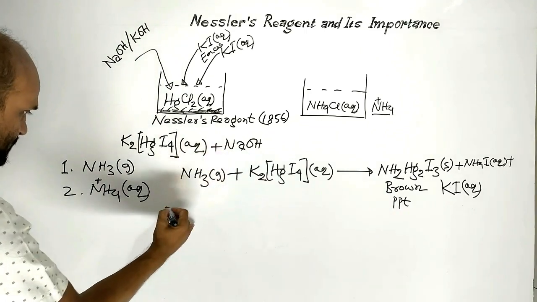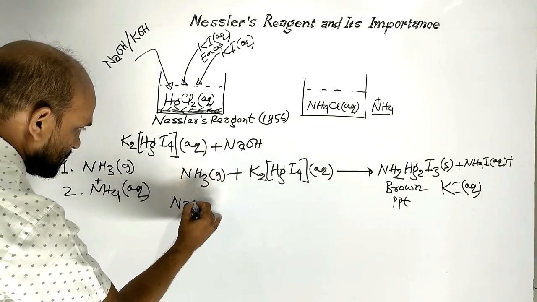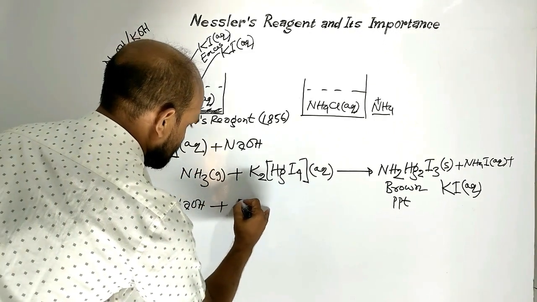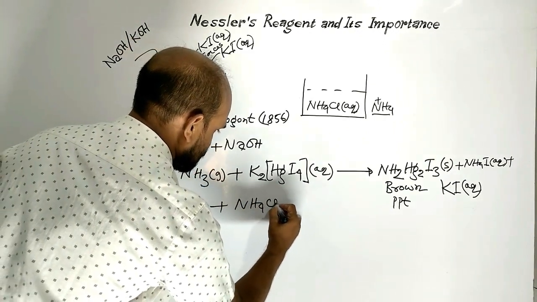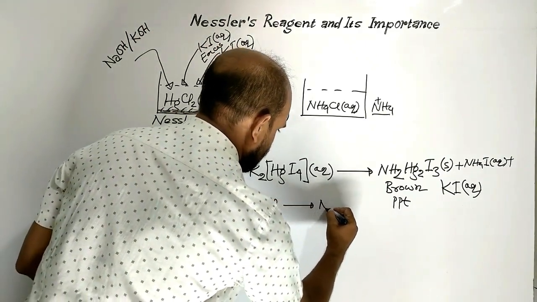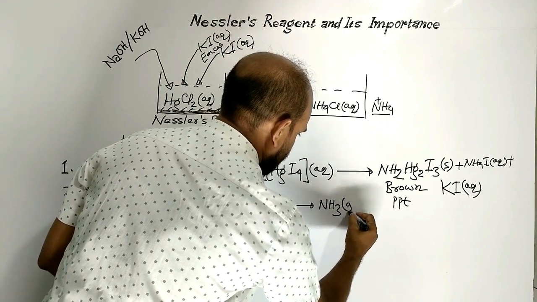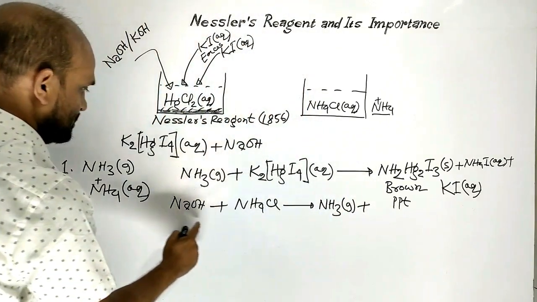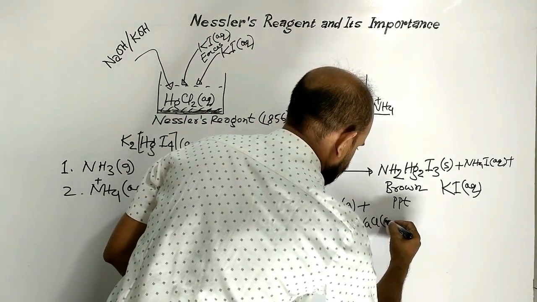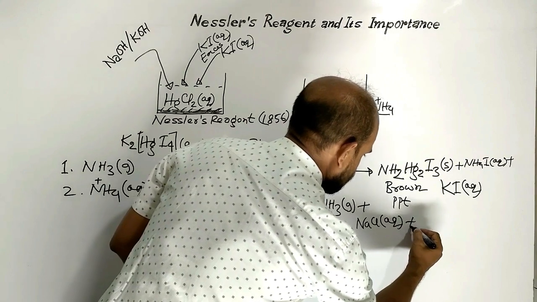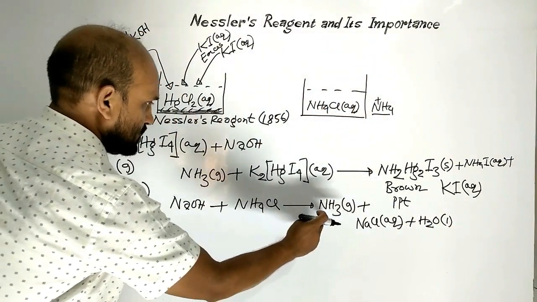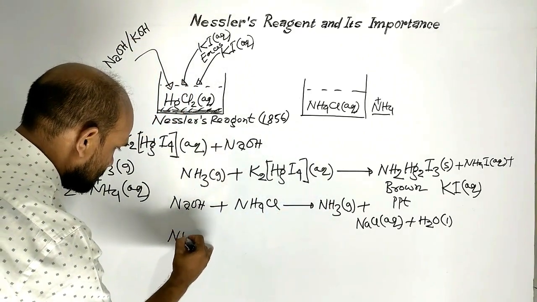In this case, the base of Nessler's reagent first reacts with this salt, ammonium chloride, to form ammonia gas and sodium chloride, and water is formed.